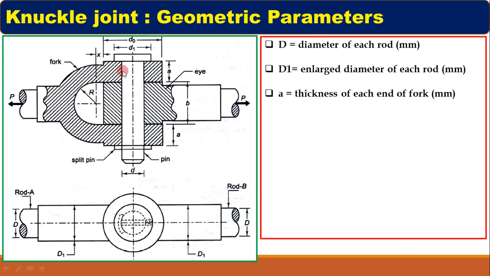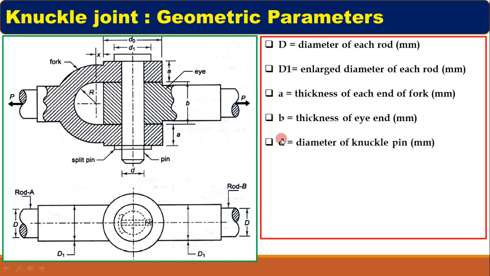As this fork has two ends, small a is the thickness of each end of fork. Then similarly, we have another component, that is eye, and the thickness of this eye is denoted by small b. So small b is nothing but the thickness of this eye.